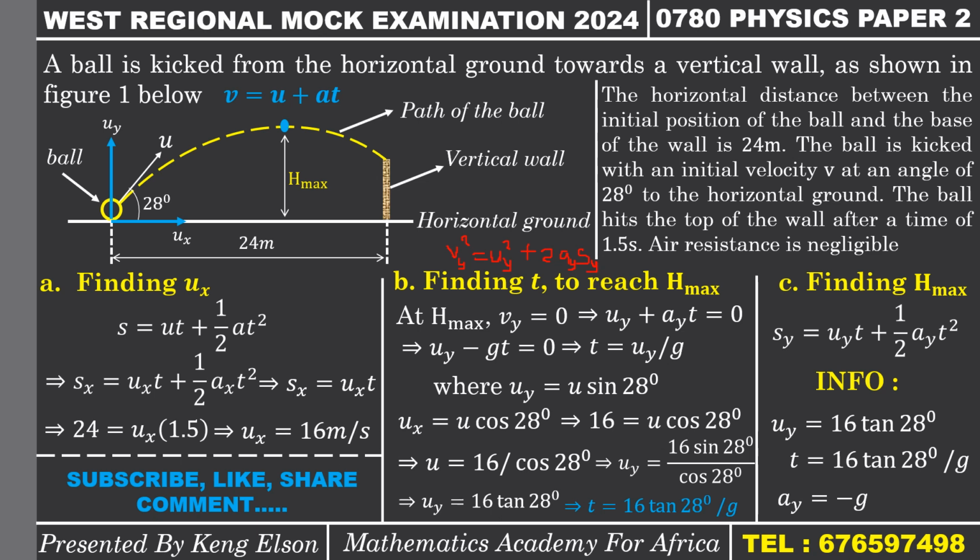Now if vy is 0, then it means that your sy will be the maximum height. Your ay will normally be negative g, and then your uy is what we had here, 16 tan 28 degrees.